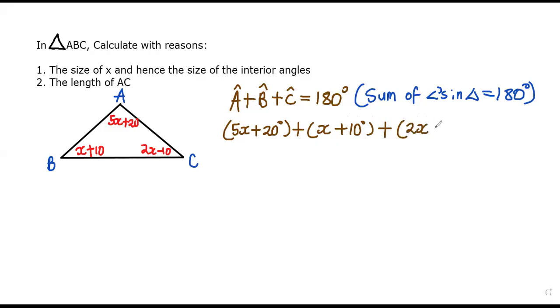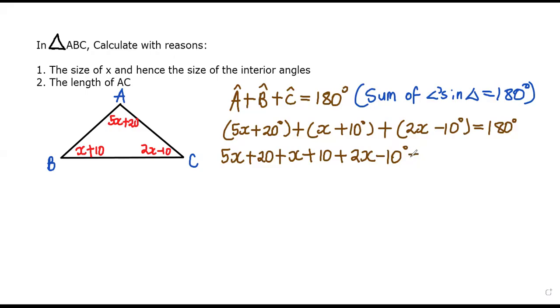So we'll say 2x minus 10 degrees is equal to 180 degrees. And then the next step is simply destroying the bracket by multiplying throughout. So here we are having 5x plus 20 plus x plus 10 plus 2x, and then positive times negative is going to be negative 10 degrees. It's equal to 180 degrees.